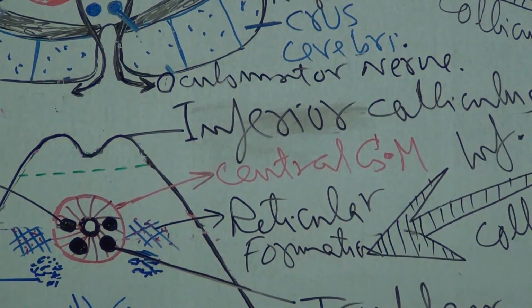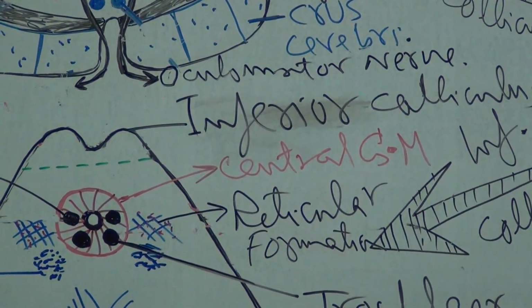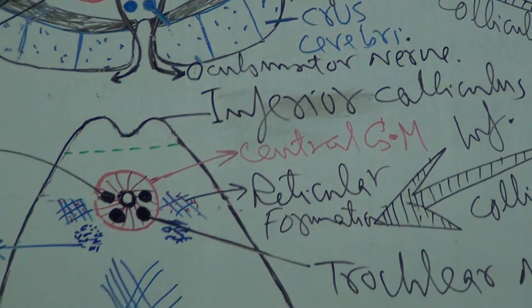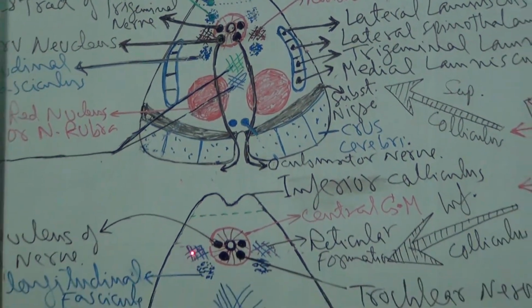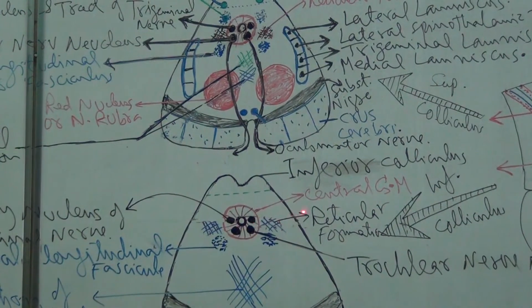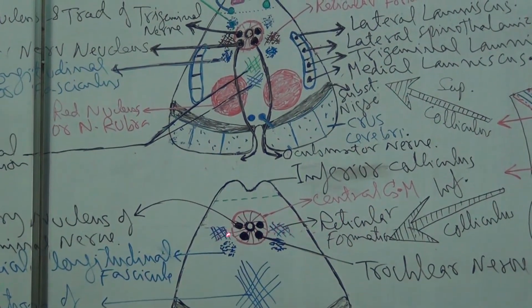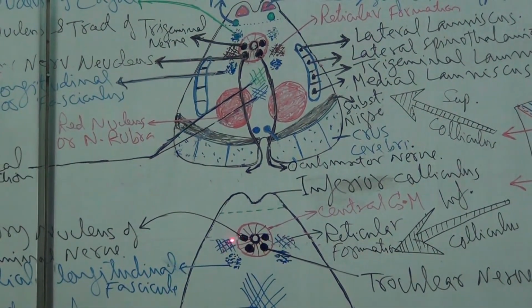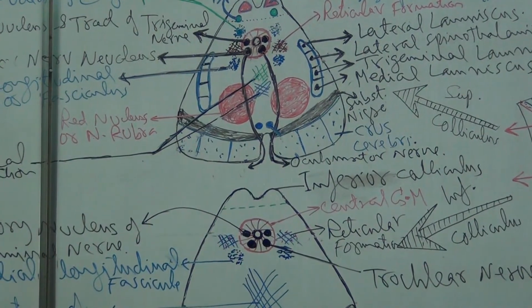The reticular formation traversing the upper half of the midbrain continues downwards into the lower half. So in the lower half of the midbrain, again this is the reticular formation in the tegmentum lateral to the central gray matter.